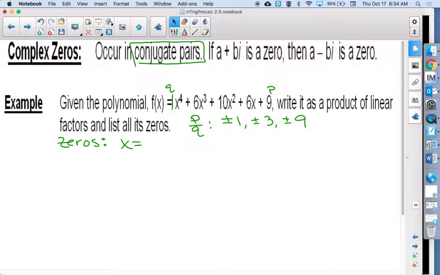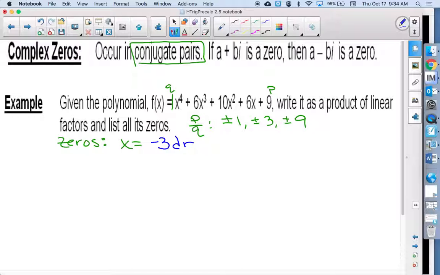So find your zeros, and then use division. Garrett, what zeros did you get? -3 as a double root.